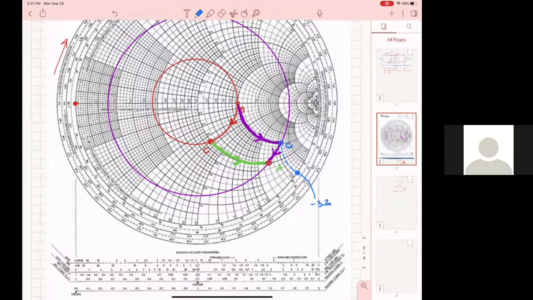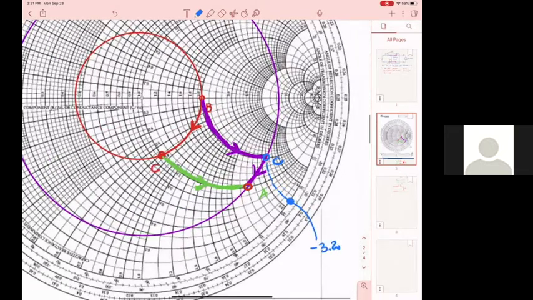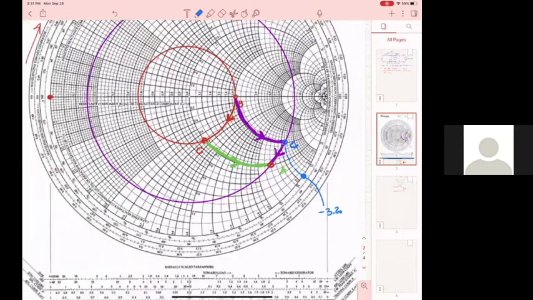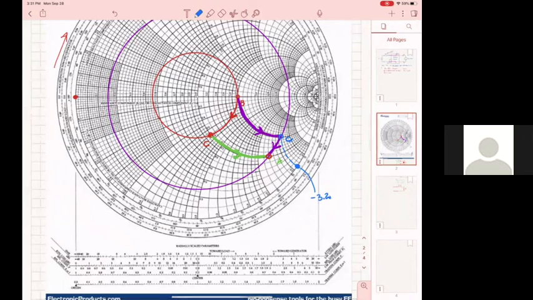As a matter of fact, I have to go from B, which is in resistive part, is 0, to this point here, which is minus 3.2.